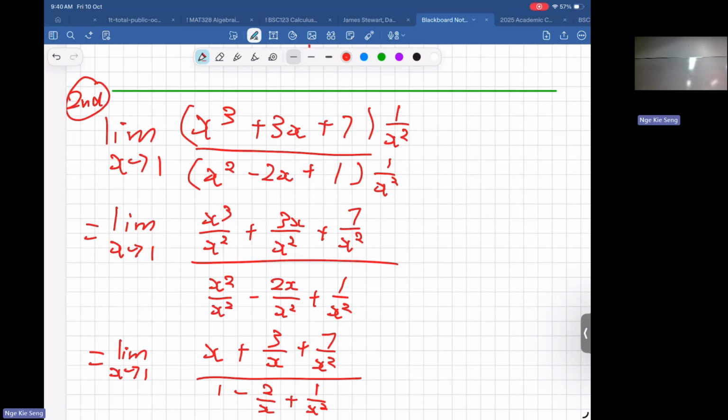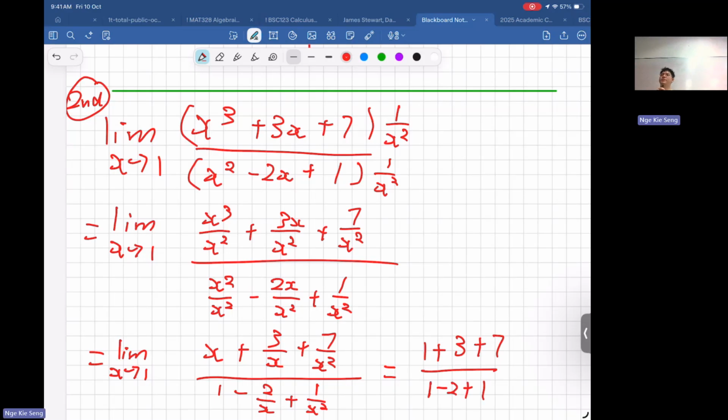Minus 2 over x, minus 2 over 1. And then plus 1 over 1. You see how all these limits exist, so you can use the limit law to split out all the sums. So in the end, what do you get here? Does it work? Let me try. 1 plus 3 plus 7 over 1 minus 2 plus 1.